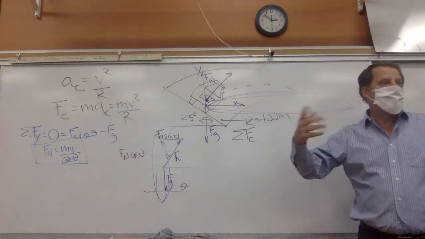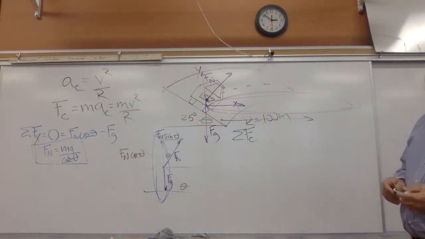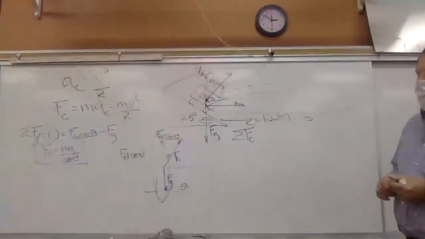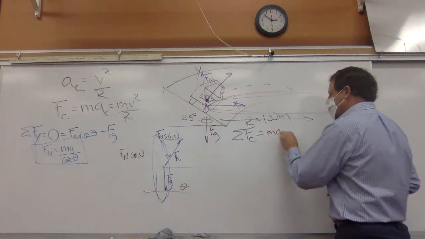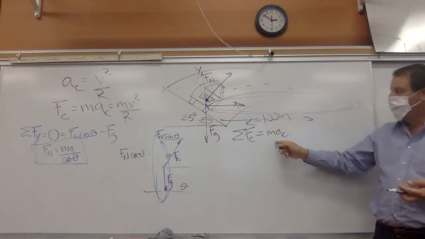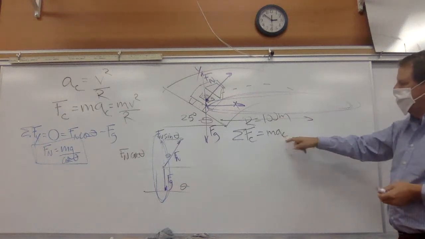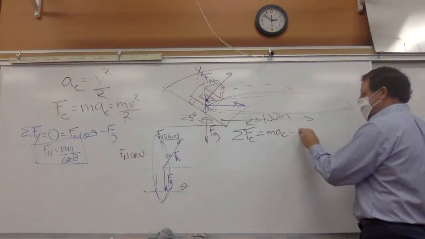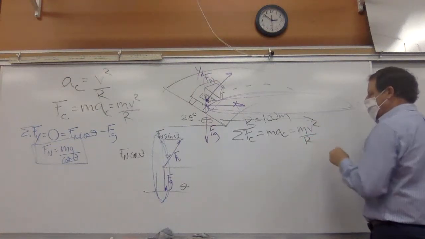Now we can make everything negative towards the center too, but whatever it is, it's going to make it go towards the center. Now, this is equal to ma. Sum of the force is equal to ma. But as we've seen here, that AC is equal to mv squared over r.